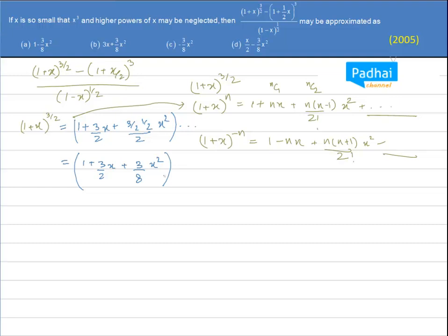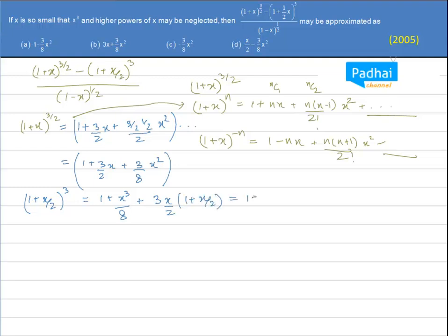Now the other term that is given to us is 1 plus x by 2 whole cube. This is a simple thing, we just have to cube it. The cubing is a cube plus b cube plus 3ab into a plus b. So this is 1 plus x cube by 8 plus 3ab, that is this, into 1 plus x by 2.